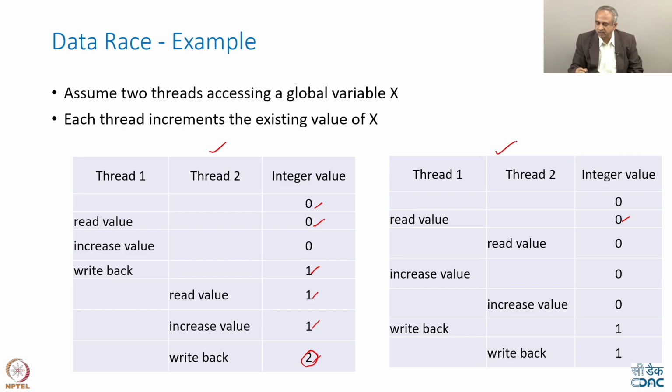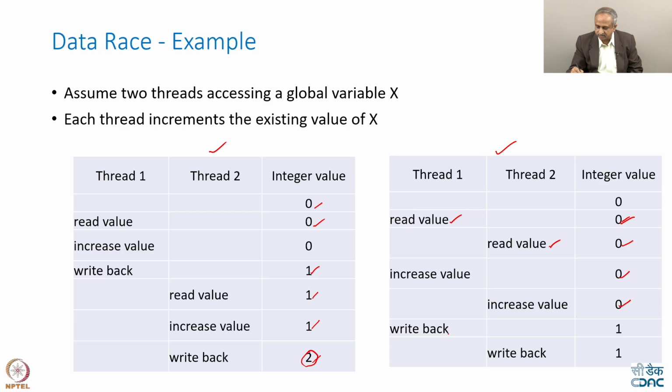In this case, again there are two threads, both the threads are reading the value, incrementing the value and writing it back, but the way the threads are scheduled makes the difference. First thread 1 reads the value, which it reads as 0, then thread 2 reads the value, which it again reads as 0. Thread 1 increments the value from 0, thread 2 increments the value from 0.